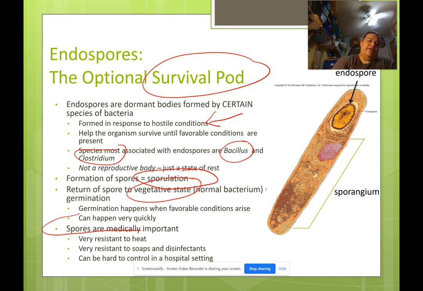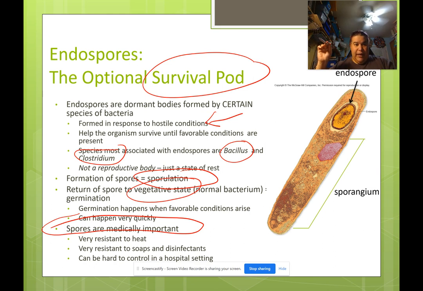So, why do we care about endospores? Because medically, they are really important because they can mess up an entire hospital. They are very resistant to heat. So if you think putting something in boiling water is going to help with endospores around, it really isn't. They will survive that.